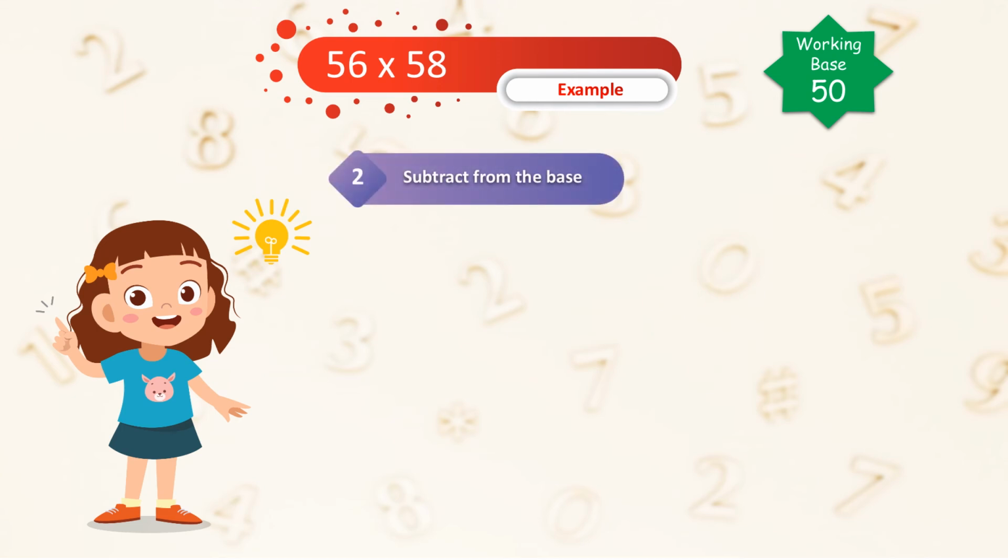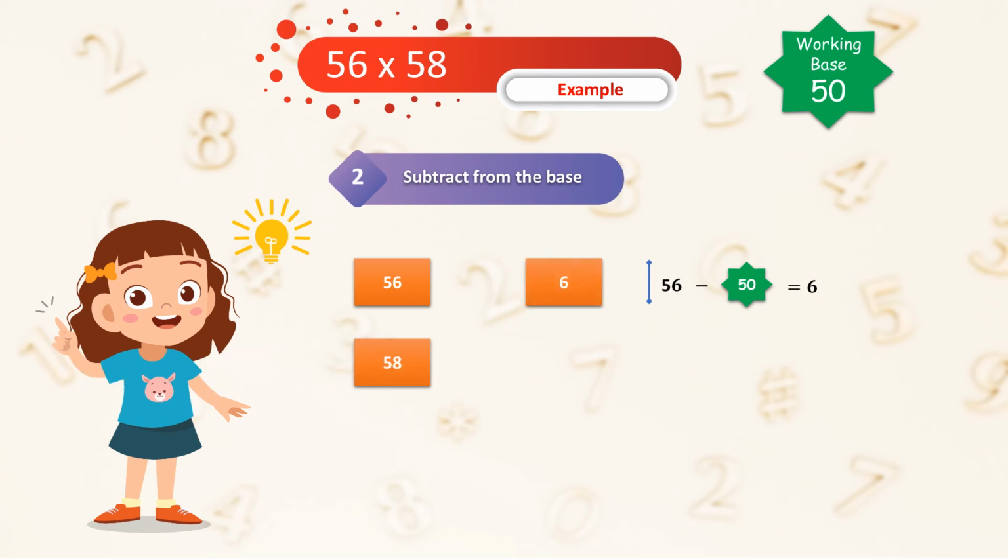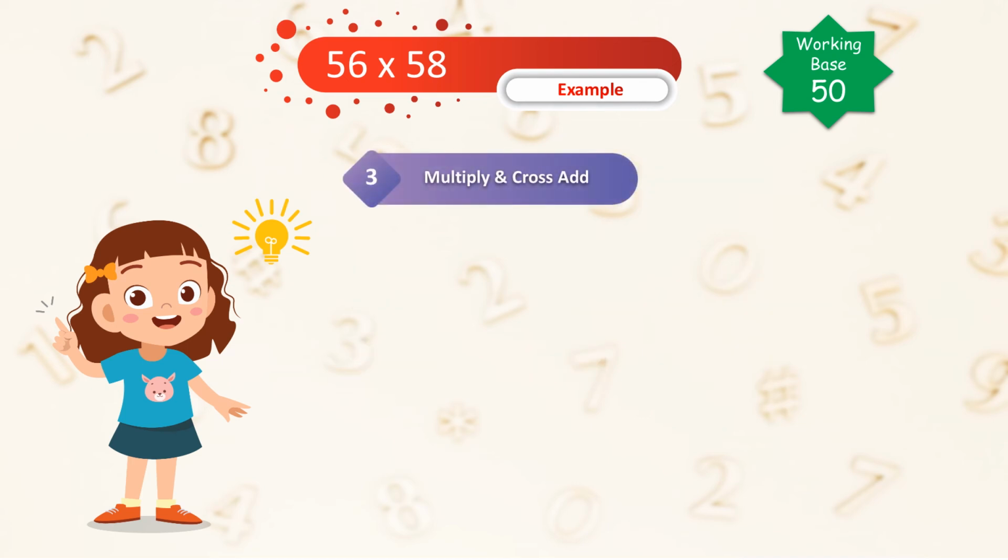In step 2, we are going to subtract 56 and 58 from the working base. For 56, you have 56 minus 50, which is 6, and 58 minus 50 equals 8. So we will write 6 and 8 next to 56 and 58. That completes step 2. In step 3, we are going to multiply and cross add.